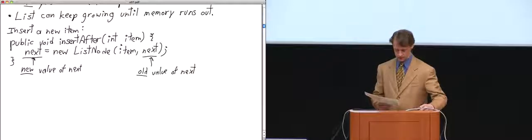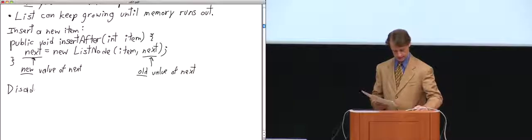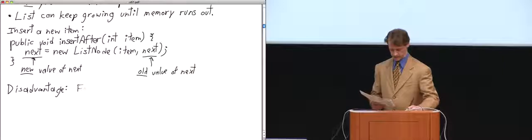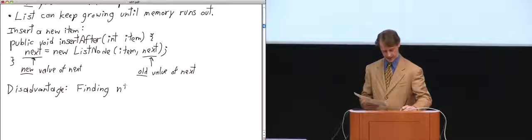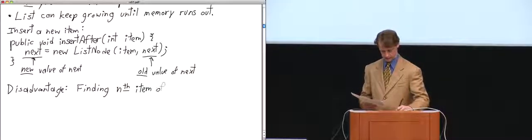All right, so I just told you some advantages of linked lists, and there's an important disadvantage, too, that you really got to know about compared to arrays, which is suppose that you want to do something like finding the nth item of a linked list.